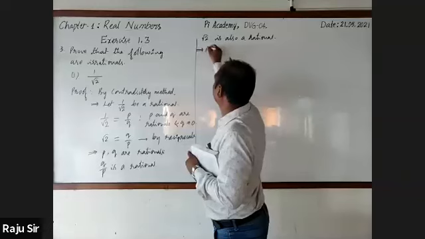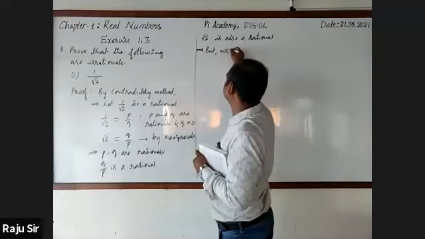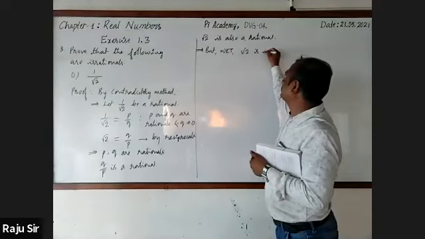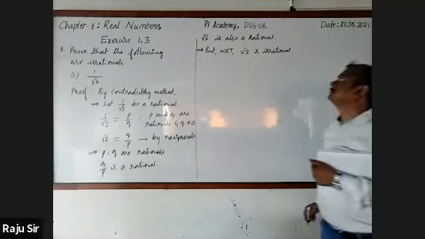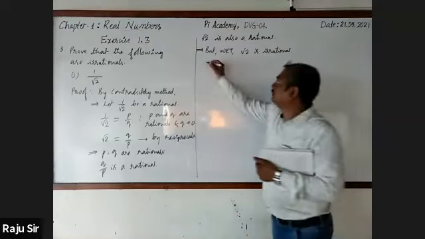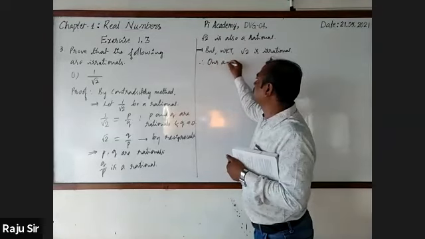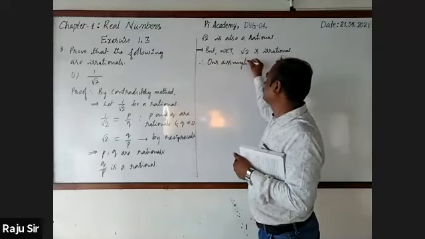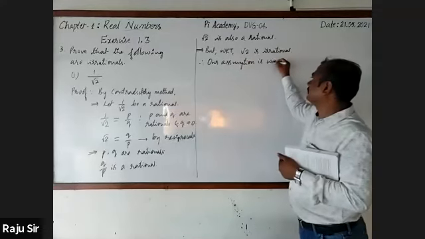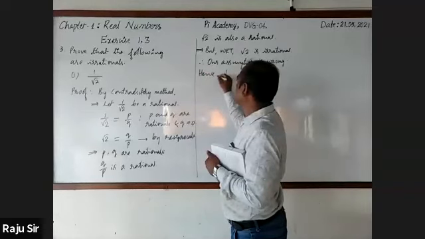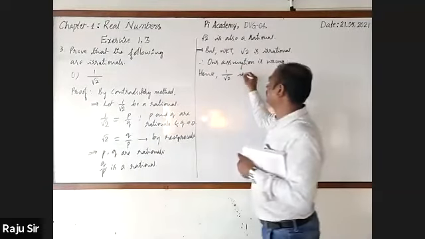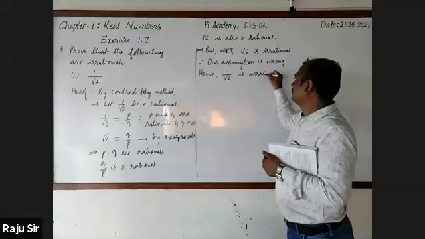But we all know that root 2 is irrational. Therefore, our assumption is wrong. Hence, 1 by root 2 is irrational.